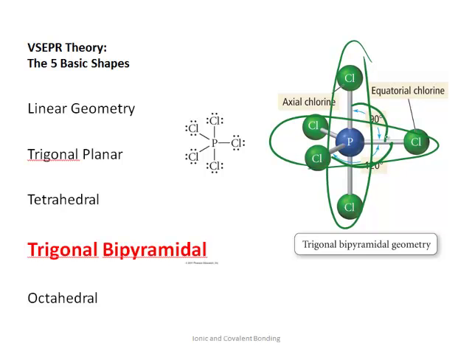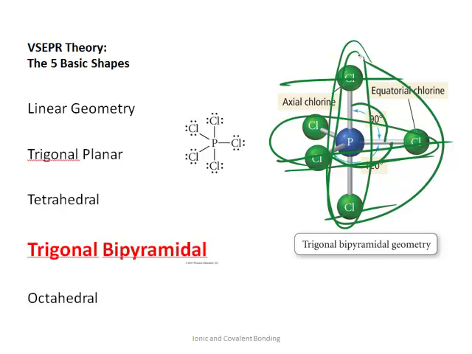And again, we have several different planes we can discuss. The equatorial chlorines are in the same plane. If we're going top to bottom, here's a plane, here's a plane, here's a plane. Or we can also think about these 4 atoms in the same plane, and then this one coming out behind you, and this one coming out towards you.